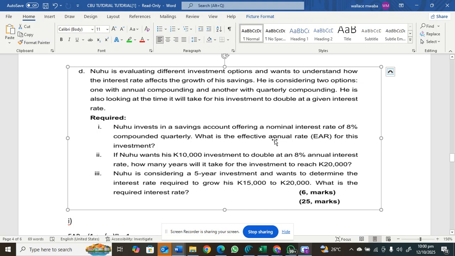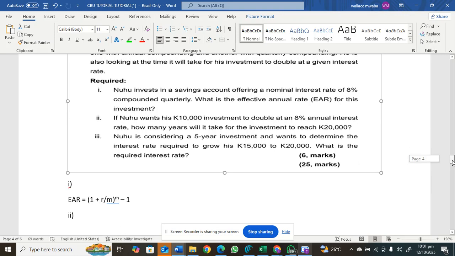So the effective annual rate, this is the interest rate for the year after you take into account compounding. Okay, the interest rate for the year after compounding has been done.